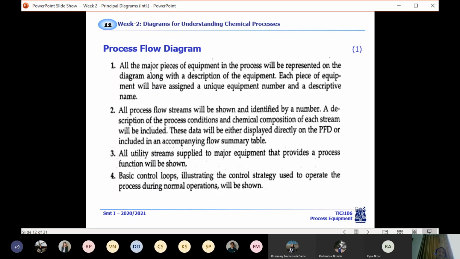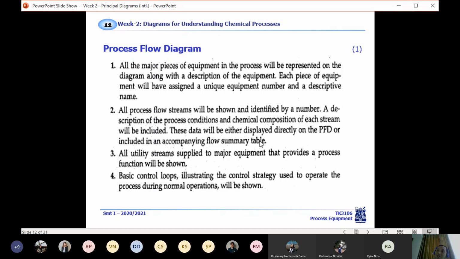But in the process flow diagram, you have to identify all streams, especially major streams existing in the process, and put a number on each. Why? Because that number will correspond to the table of heat and material balance. So this data will be displayed either directly in the PFD or in the accompanying flow summary table.